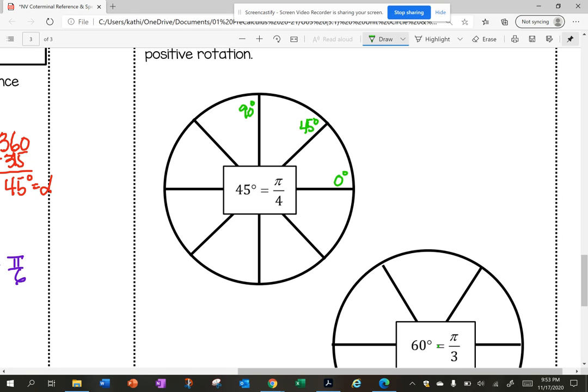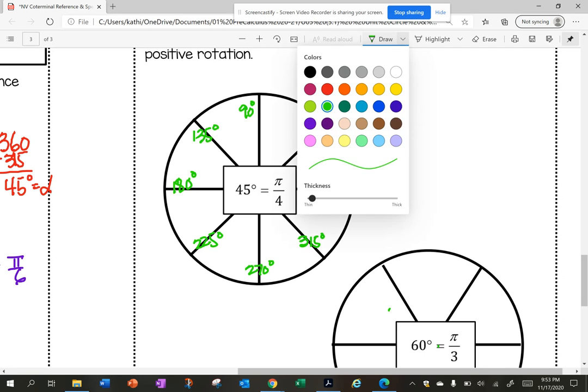So I'm just adding 45. 135 degrees, 180 degrees, 225 degrees, 270, 315, and 360 degrees.